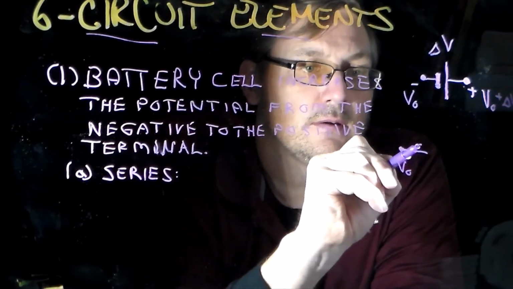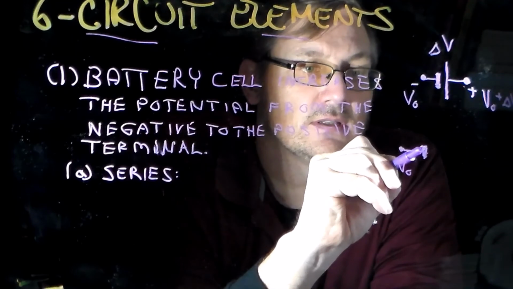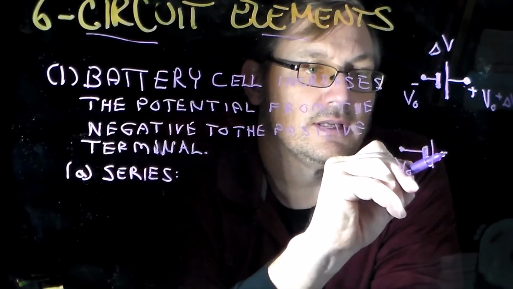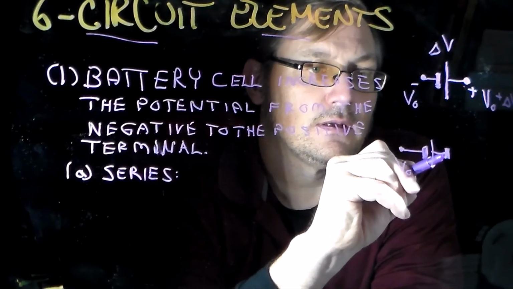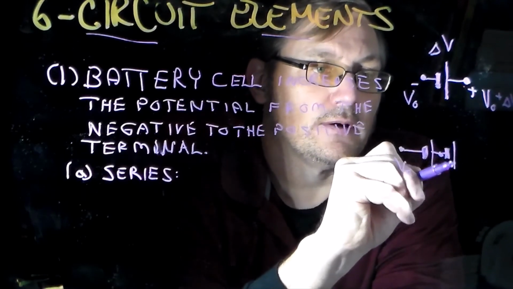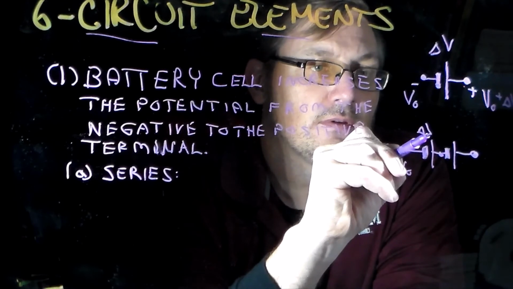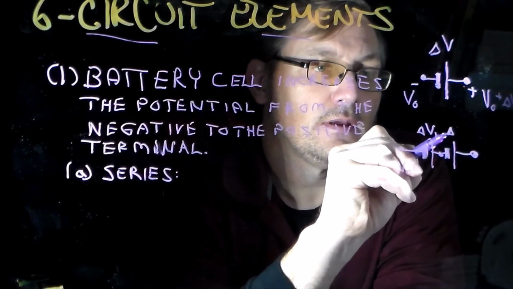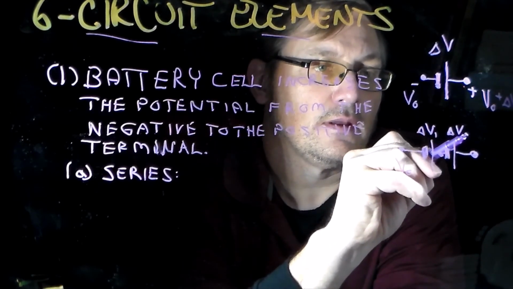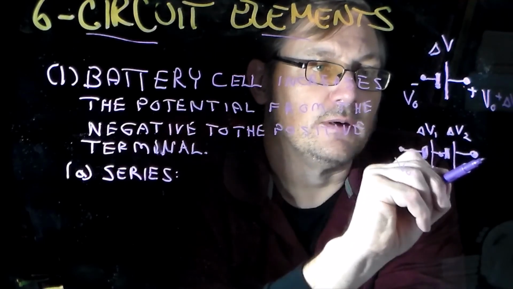So if we were to put V0 here, and put two batteries in series, one right after another, like this, they have different voltages.